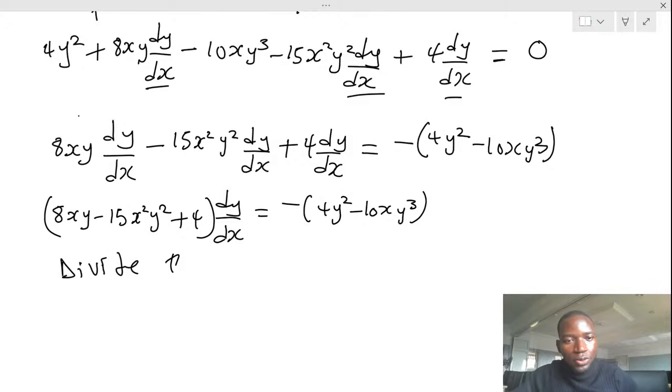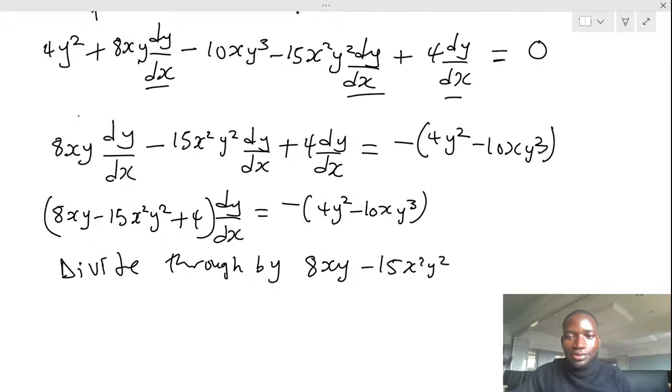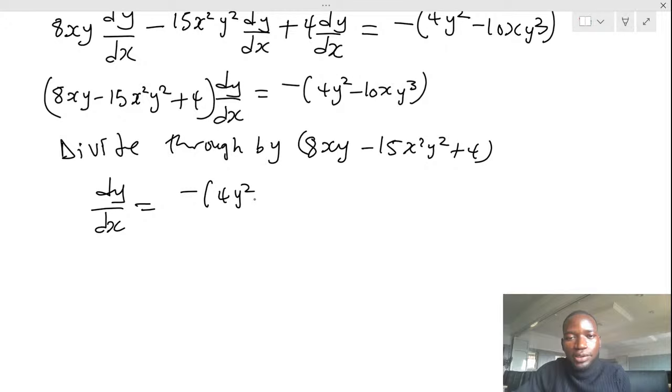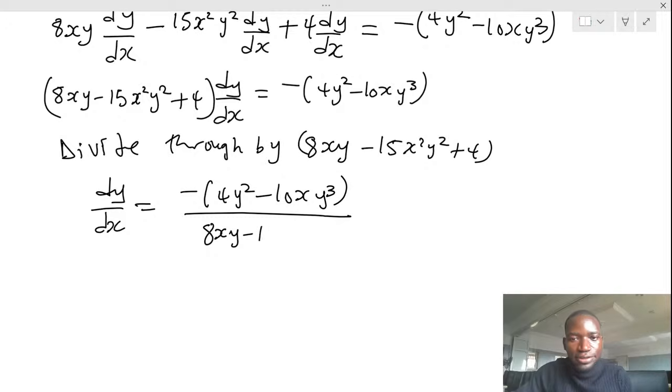So we will have dy by the x to be equal to minus, open a bracket, 4y squared minus 10xy cube, over 8xy minus 15x squared y squared plus 4. So that's our answer. So we are done with this.